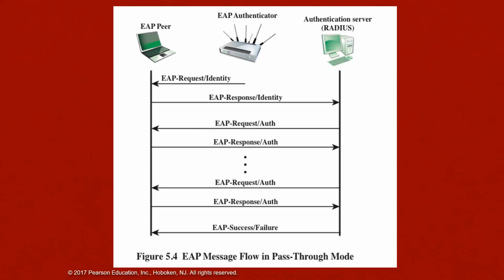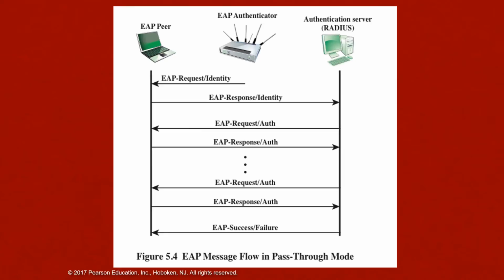The first pair of EAP request and response messages is of type identity, in which the authenticator requests the peer's identity, and the peer returns its claimed identity in the response message. The response is passed through the authenticator to the authentication server. Subsequent EAP messages are exchanged between the peer and the authentication server.